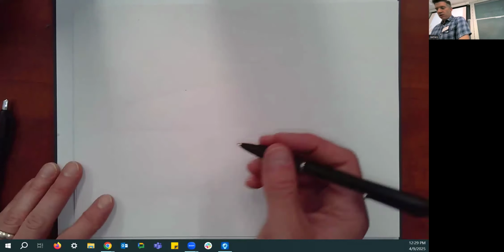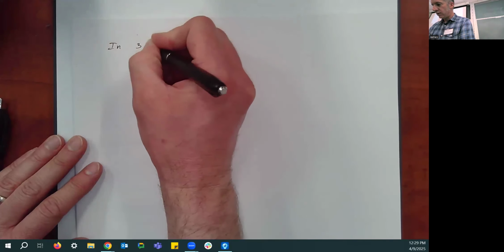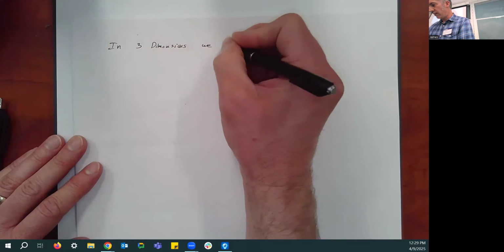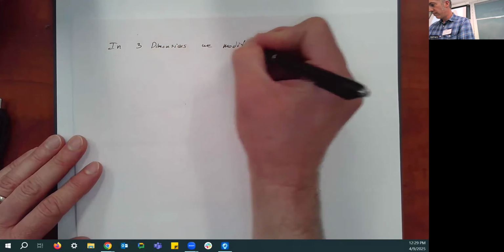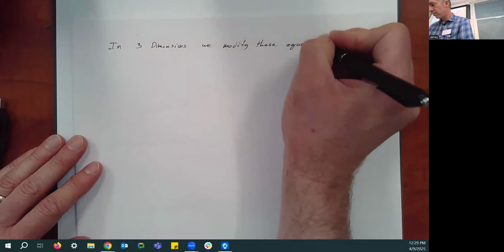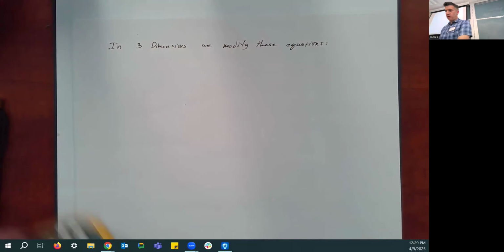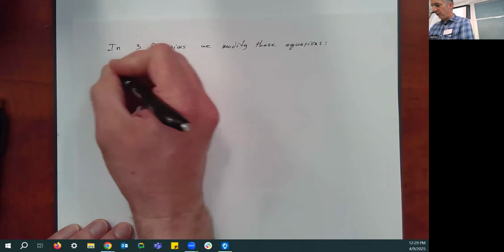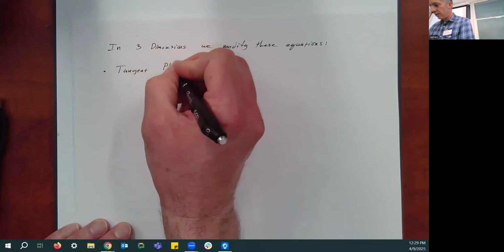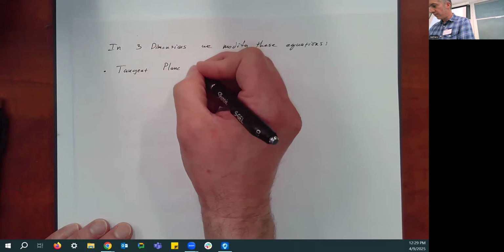So in 3 dimensions, we have to modify these equations. So instead of a tangent line, we have the tangent plane to a surface.